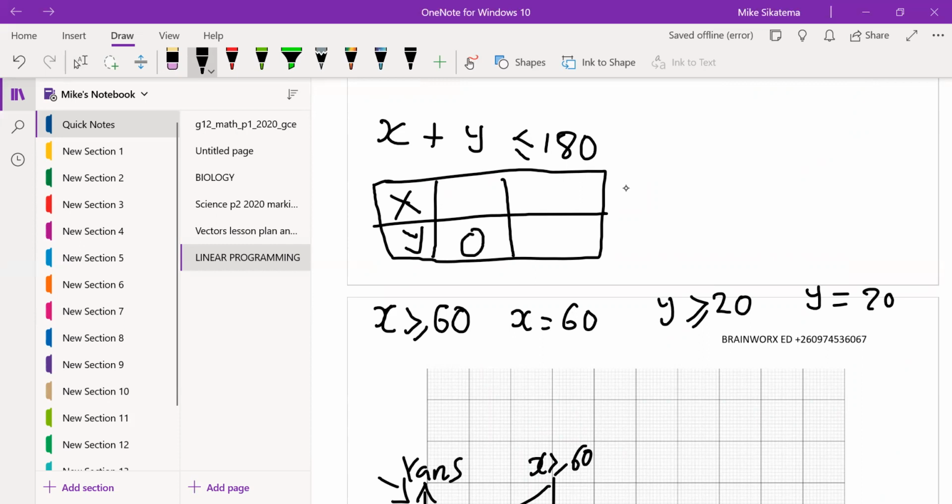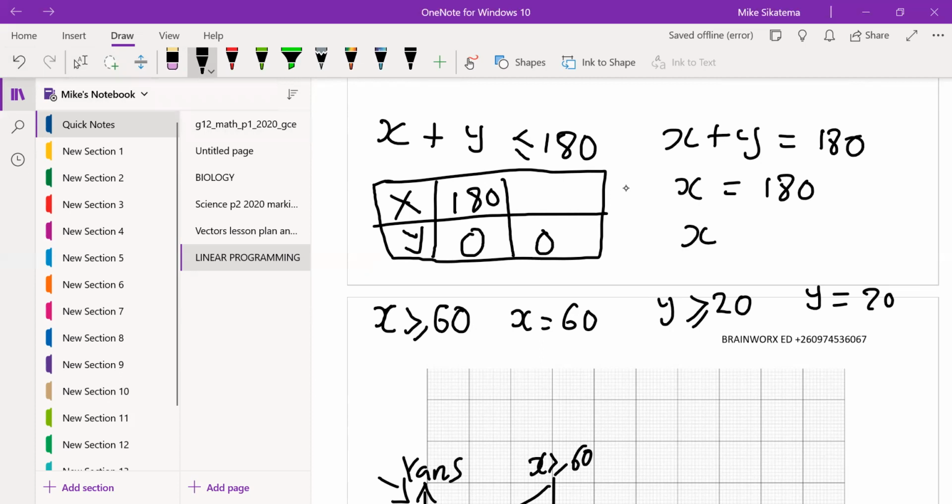So we can say x plus y is equivalent to 108. When y is equal to 0, x is 108. And when x is equal to 0, y is also 108.